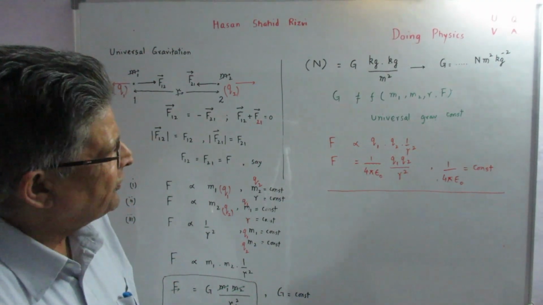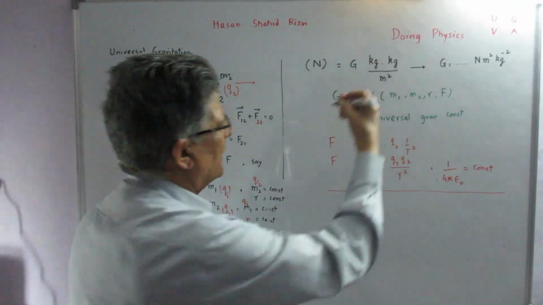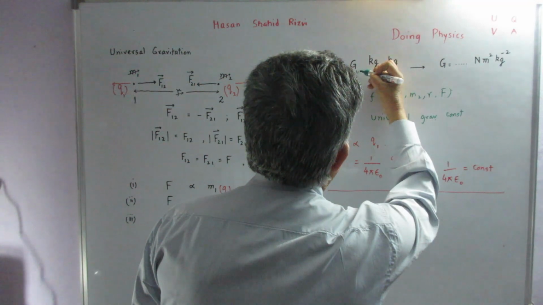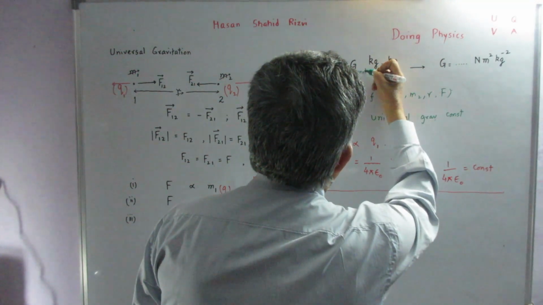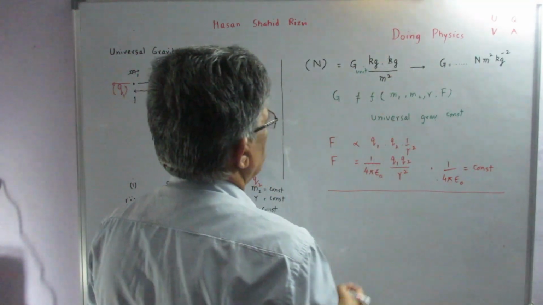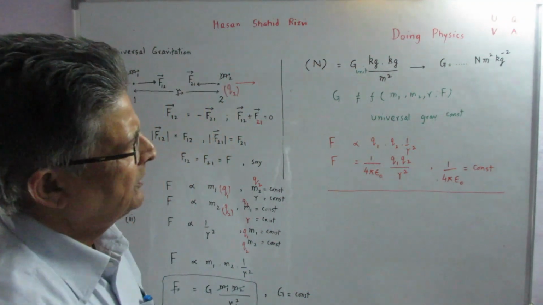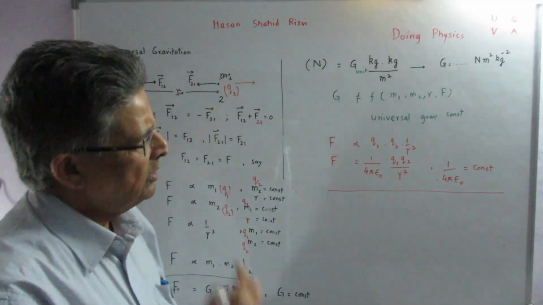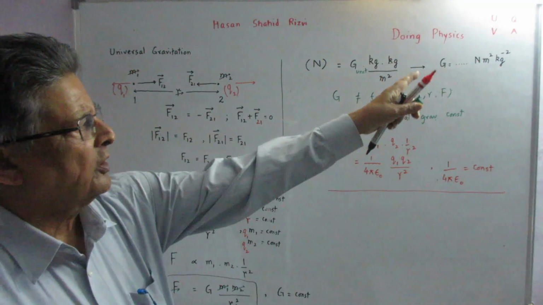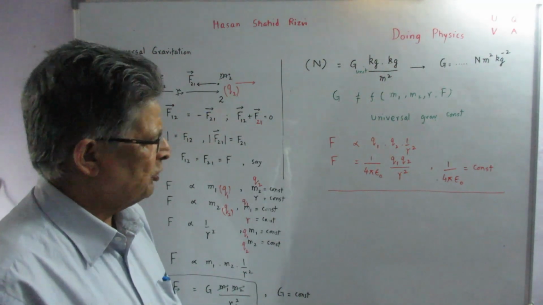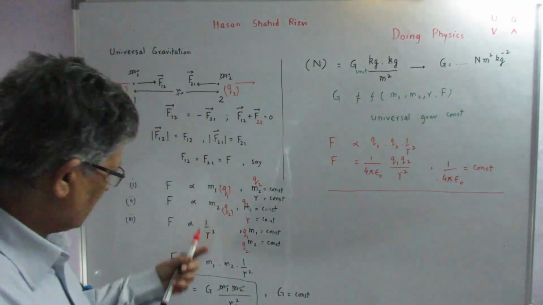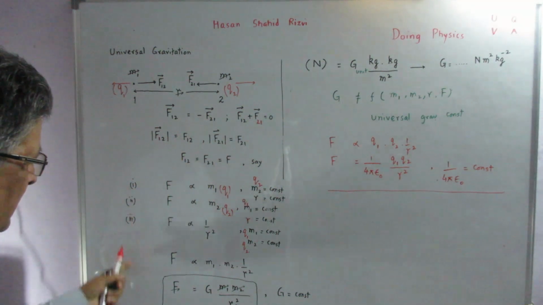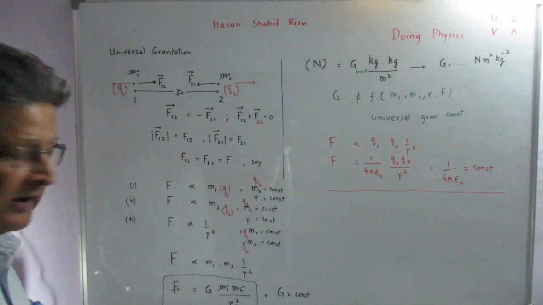So the unit of G turns out to be some number into Newton meter square per kilogram square.